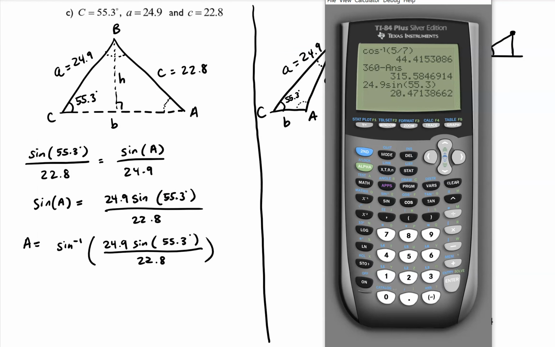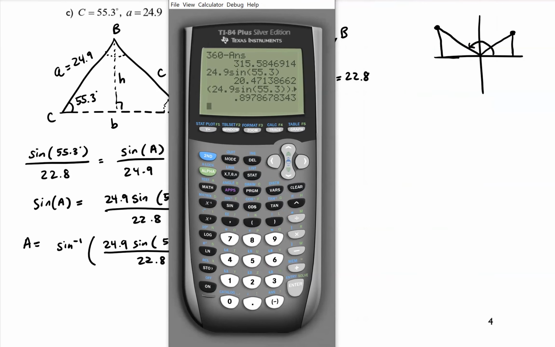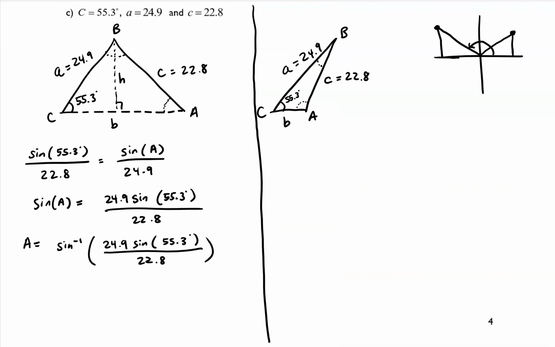Why don't we just calculate the inside of the parentheses first? So 24.9 times sine of 55.3 divided by 22.8. Okay, so it has a value of 0.89. I'm going to round that to 0.9. So on this ordered pair, the y value is 0.9, but there's also another point with y value 0.9 here at this second angle that's in quadrant 2.